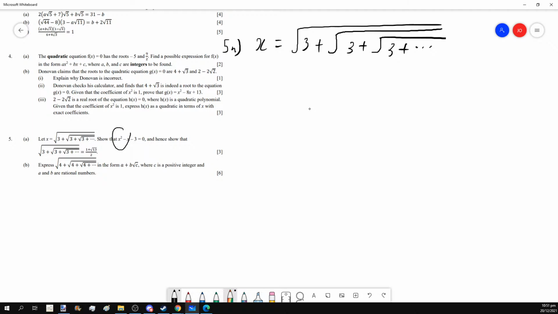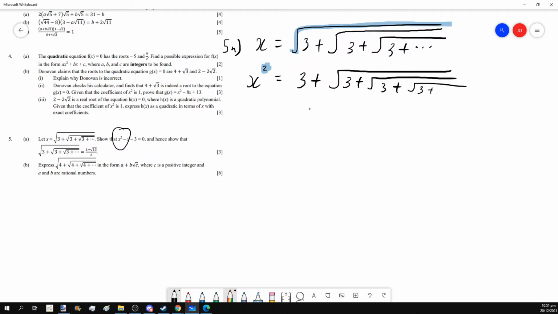They're telling you we need to create a quadratic. So let's try finding x squared. Now obviously, the square here is going to fight with the square root over there, and they're going to cancel each other out, leaving behind 3 plus root 3 plus root 3 plus root 3 plus and so on.